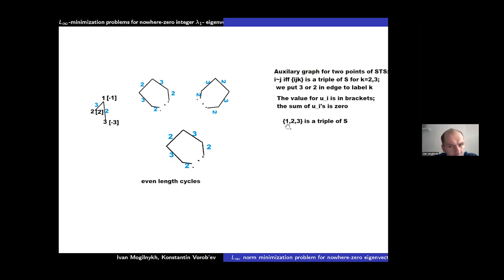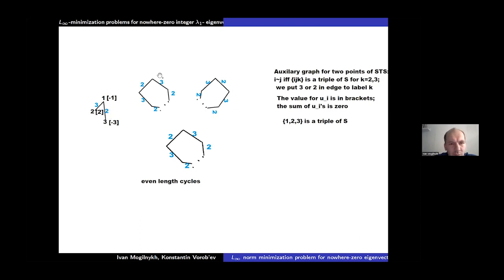So suppose we have triple 1, 2, 3 in our Steiner triple system S, then 1 and 2 are adjacent, and the edge is labeled by 3 because 1, 2 is completed by 3 to a triple of the Steiner triple system. The same goes for 1, 3, but with label 2.